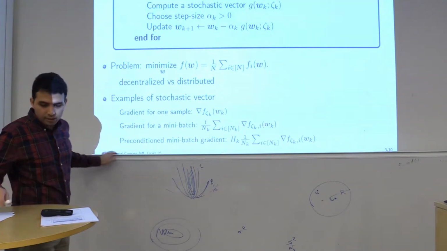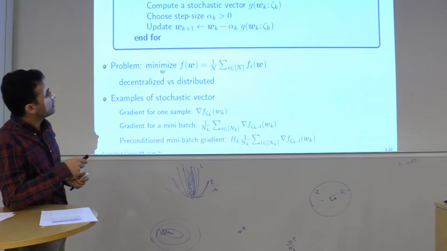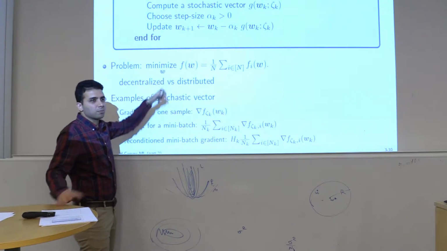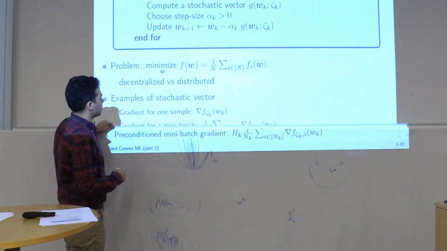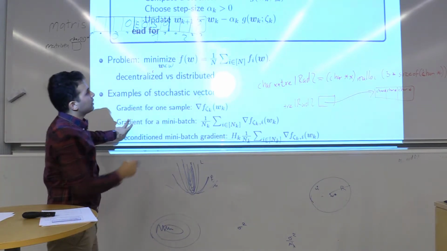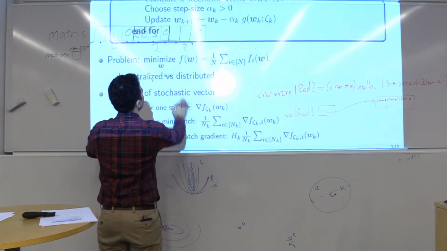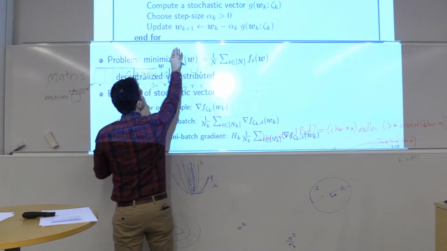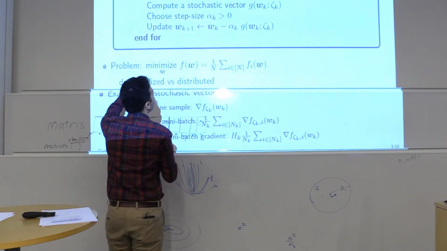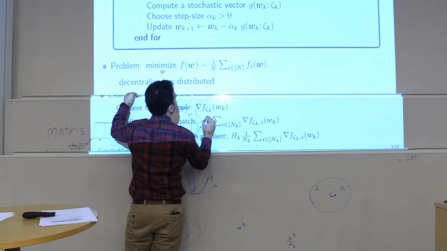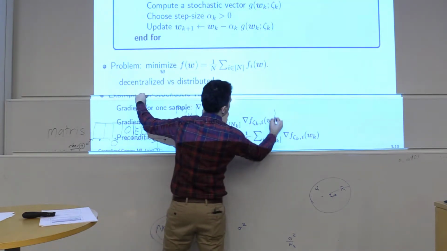Just one note here. We do have these gradients here, and we don't have any projection because the underlying assumption is that we are solving an unconstrained optimization problem. But what would happen if I add a constraint that w should belong to W? Then in that iteration, I can just write down the projection onto W of this guy here.